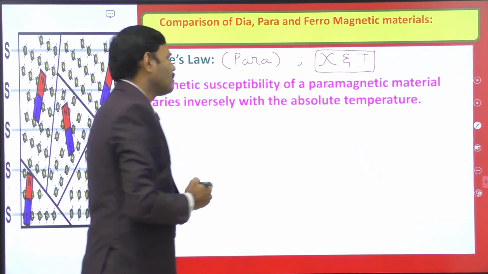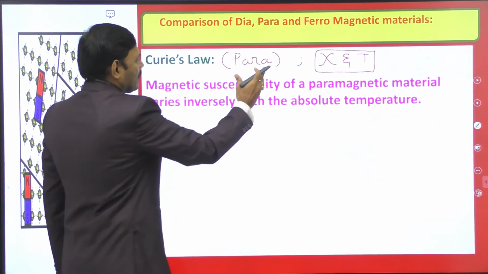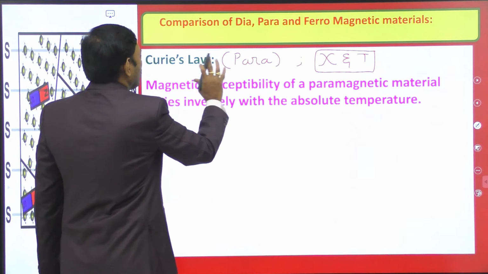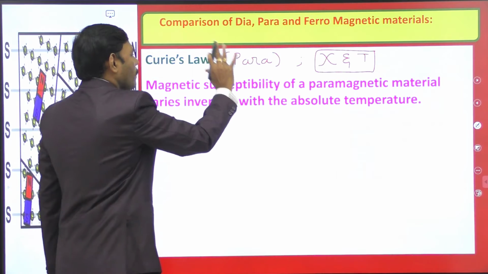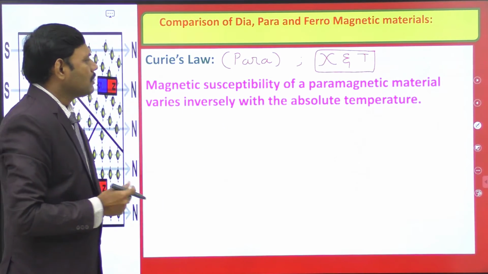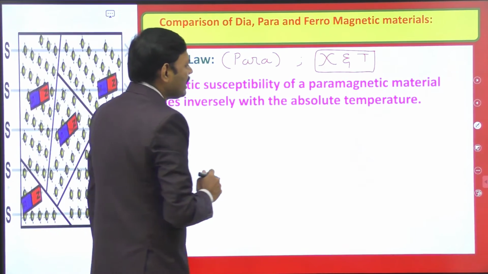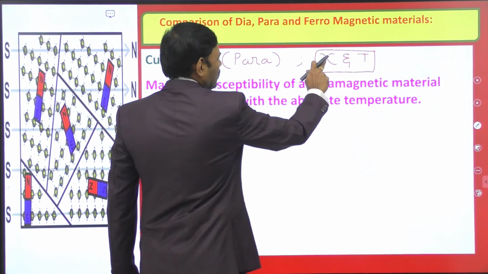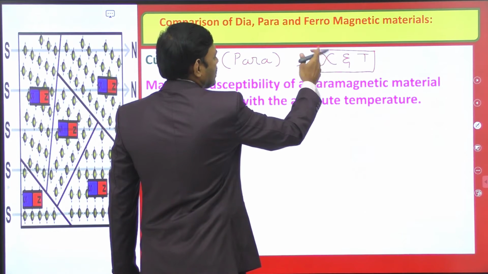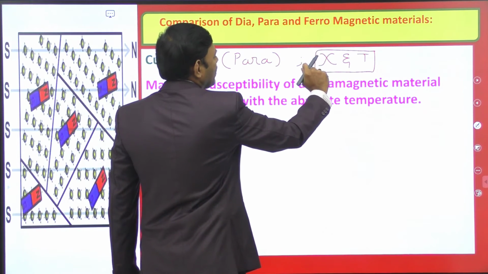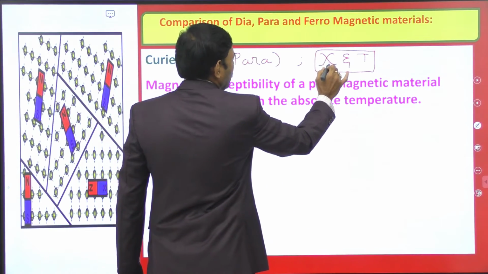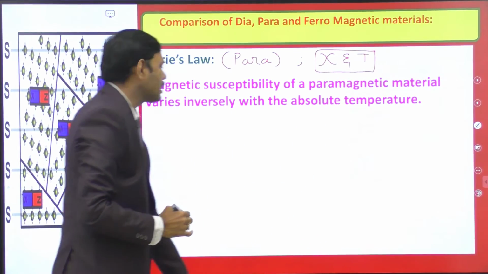First, try to clear what is the relation given in Curie's law. This law gives a clear relation between susceptibility, that is I by H, which is used to measure the magnetic property of a material, and the absolute temperature of paramagnetic substances.